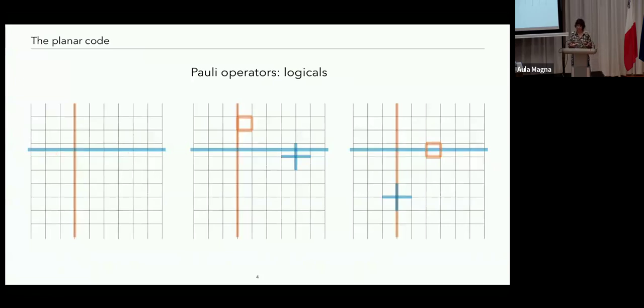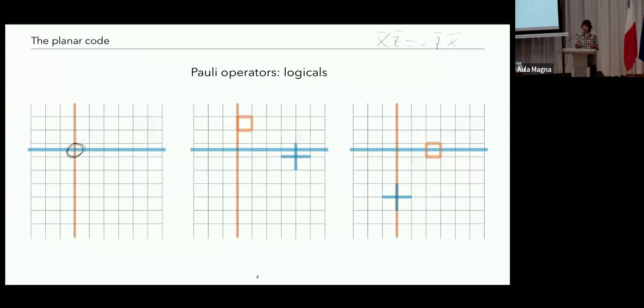And we actually find the relationship that we were looking for, that was X, Z. So we have to check whether these two operators anti-commute or not. And that's easily seen because they only overlap on one qubit. And since X and Z anti-commute, we are good.